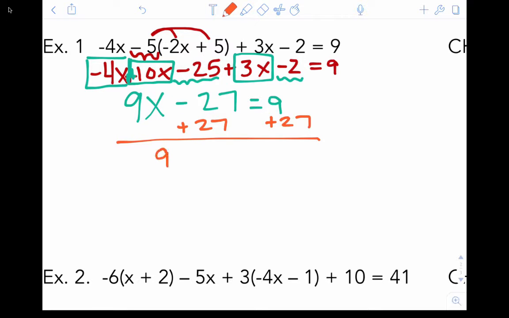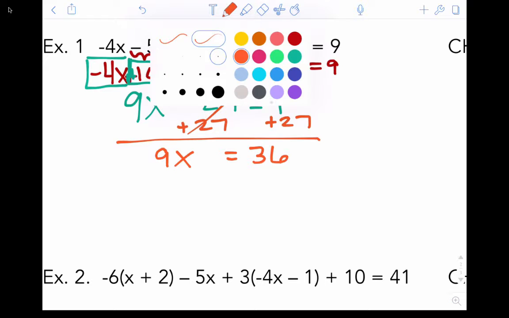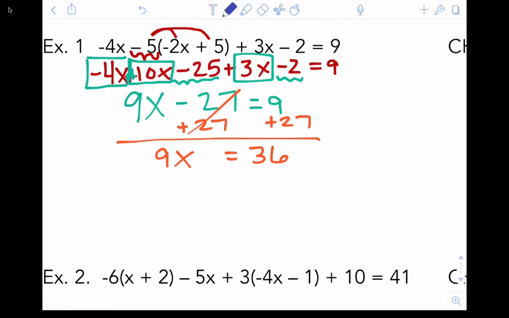So I'm left with 9x, that cancels out, is equal to 36, because 9 plus 27 is 36. Now I just need to divide and simplify. So I'm going to divide by 9. My 9's cancel out, and I'm left with x equals 4.